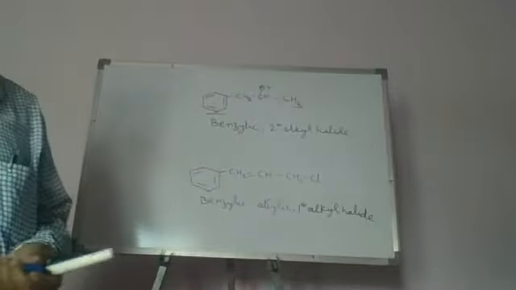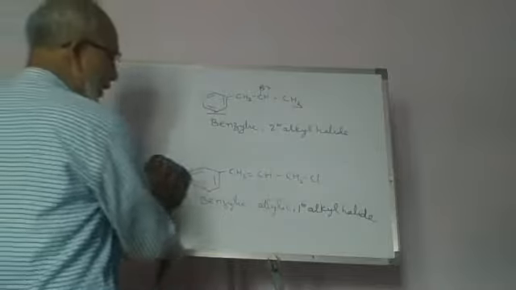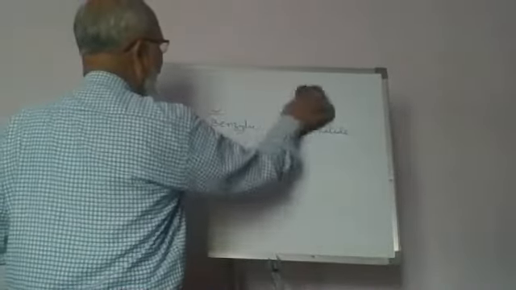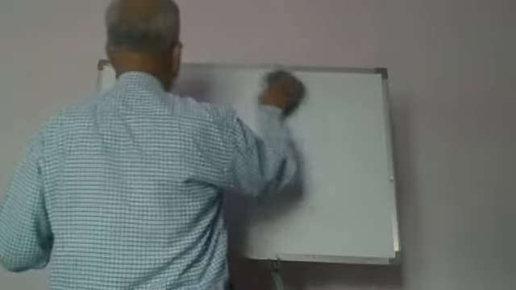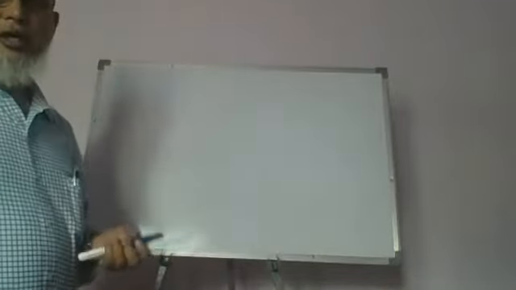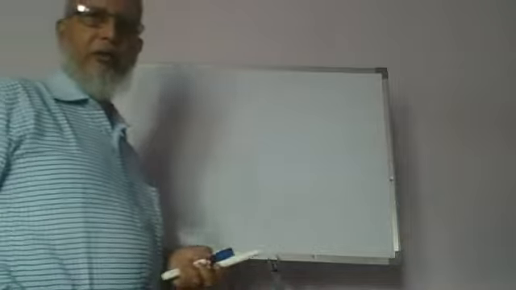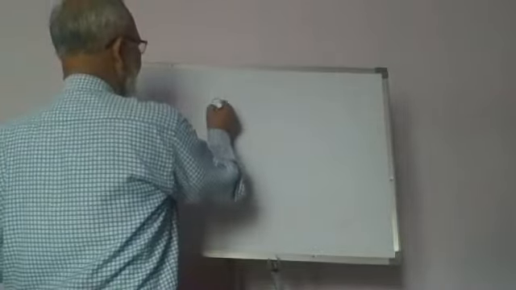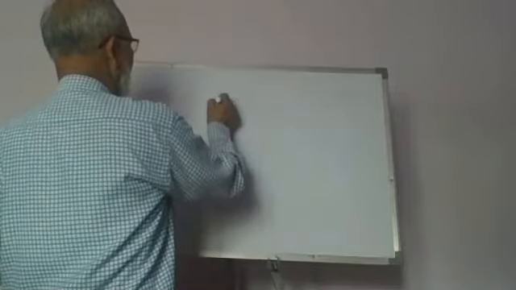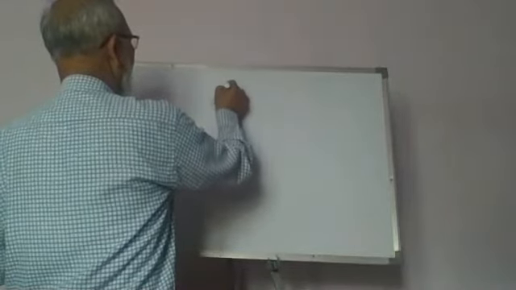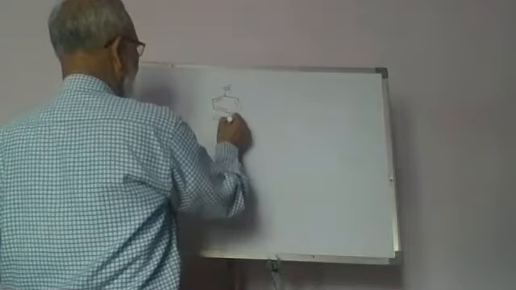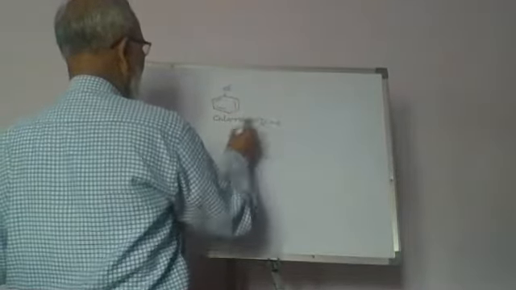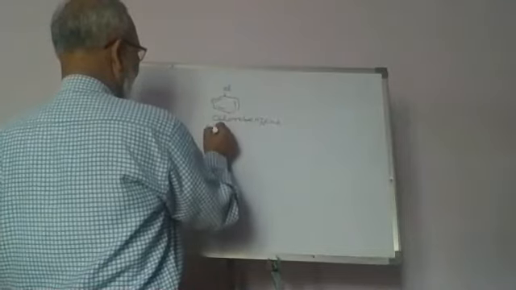Now let us take the examples of aryl halides. Aryl halides, as I told you, in which the halogen atom is attached to the sp2 hybridized carbon atom directly present in the aromatic nucleus or in the benzene nucleus, like this one. Simplest example is chlorobenzene. This is your aryl halide.